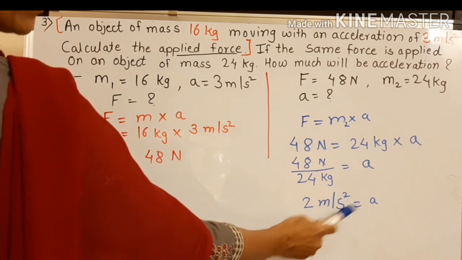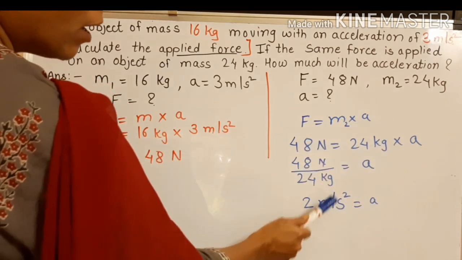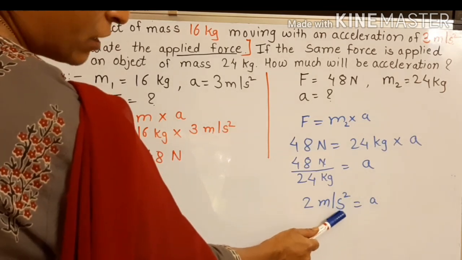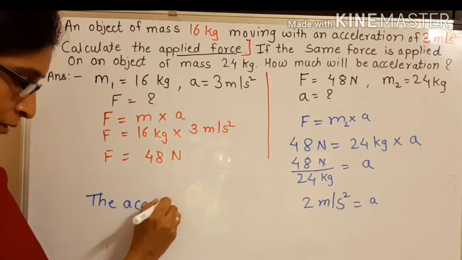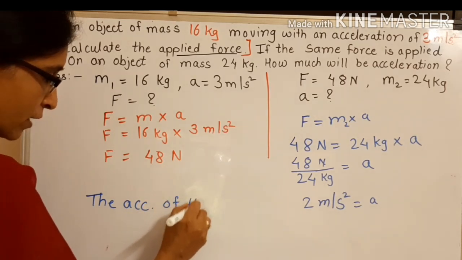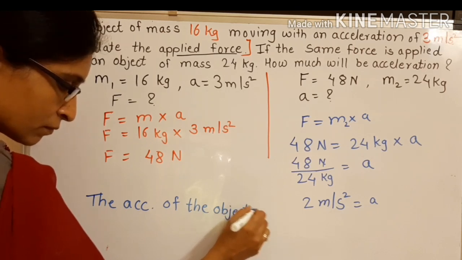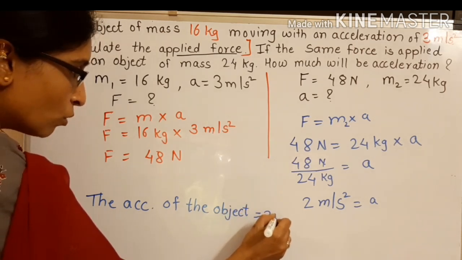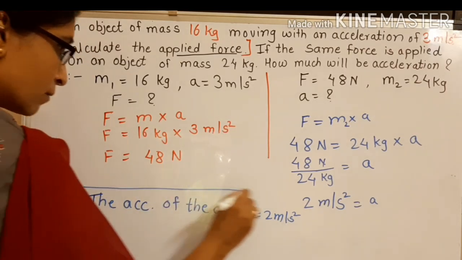Meter per second square is the SI unit of acceleration. So the acceleration of the object is equal to 2 meters per second square. This is your answer.